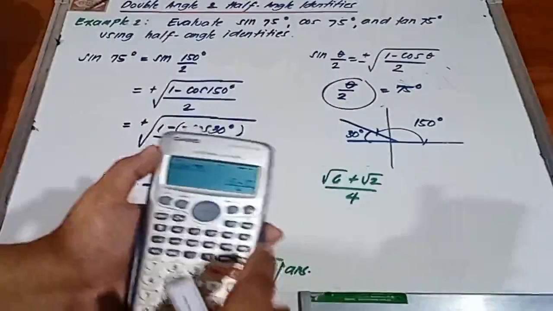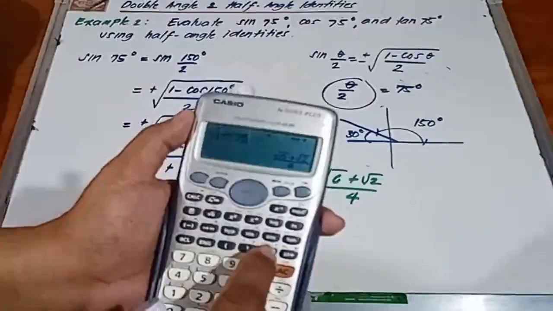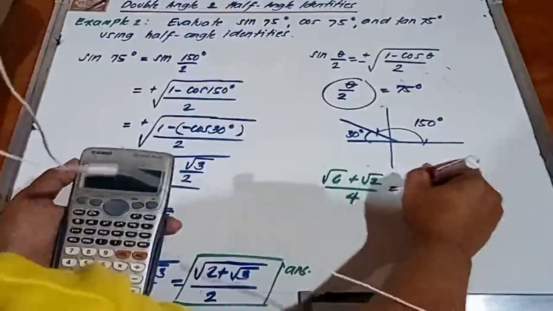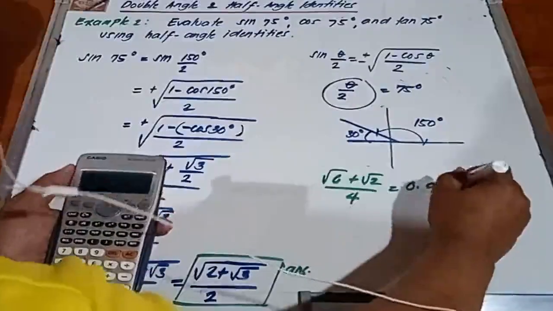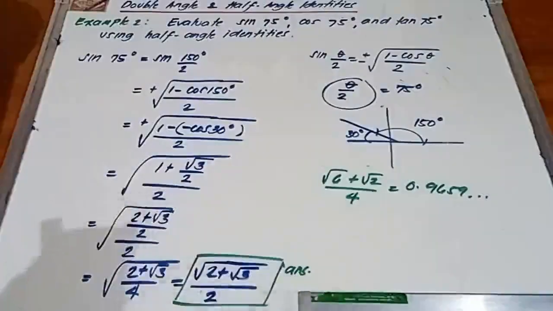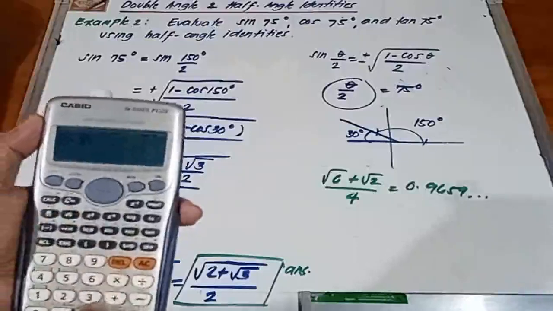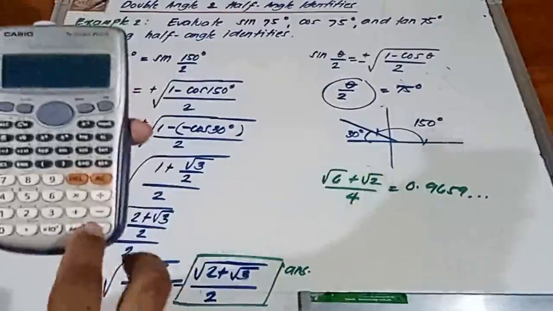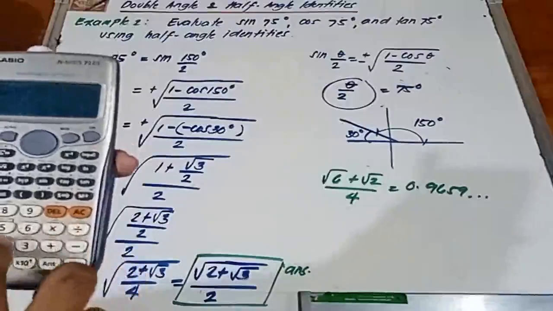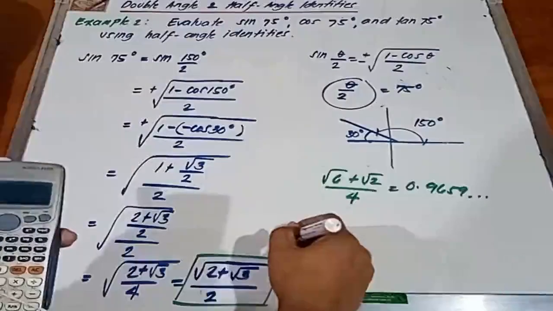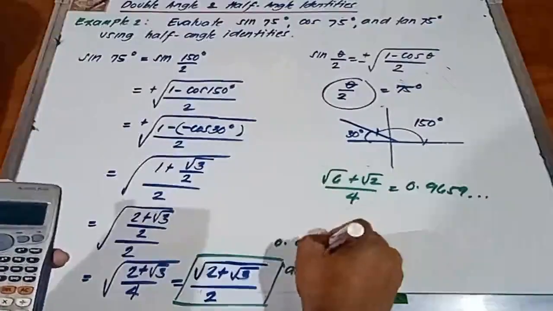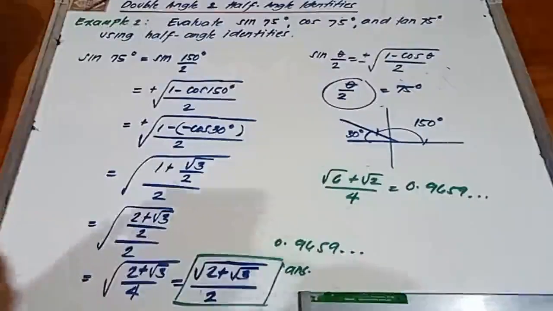If we're going to convert to decimal, that is 0.9659. How about this one? That is square root of 2 plus square root of 3 nasa ilalim, divided by 2. Parehas din lang. 0.9659. Ganyan. Parehas na parehas.